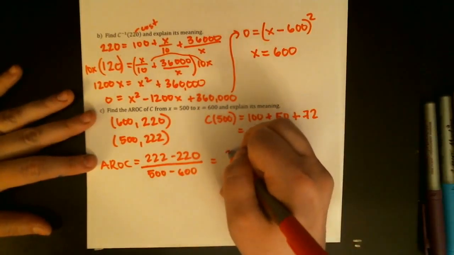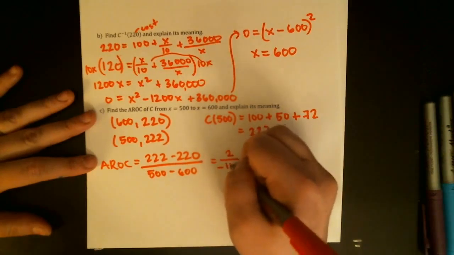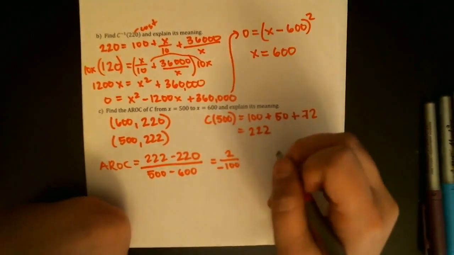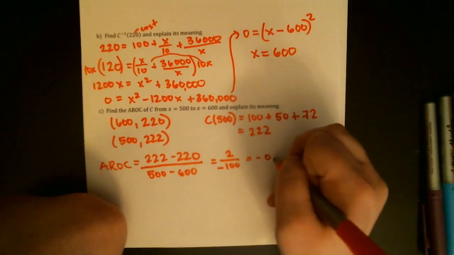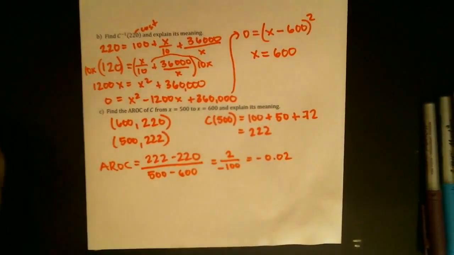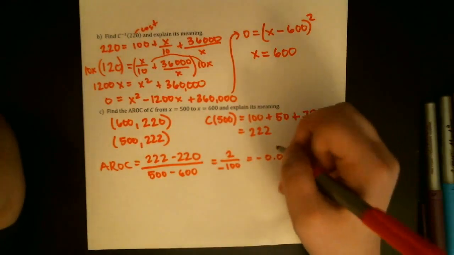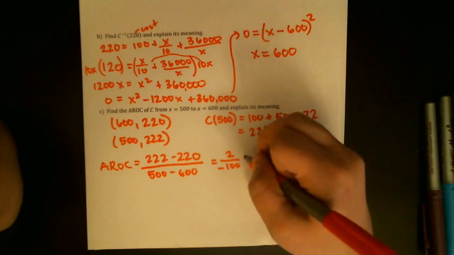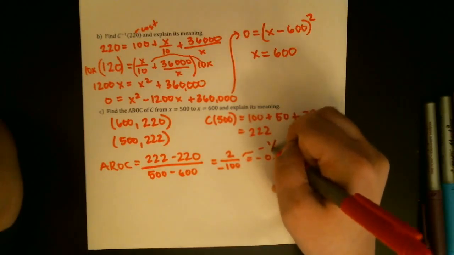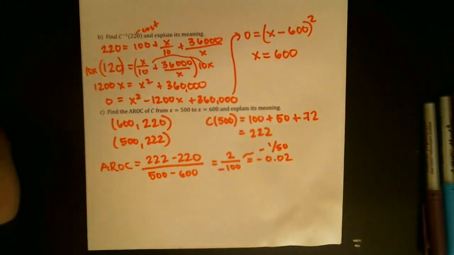Okay, so we're getting 2 over negative 100, negative 0.02. And sometimes for the interpreting, the decimal's easier, and sometimes the fraction's easier. So if we want the fraction, it does reduce a little bit, negative 1 over 50.